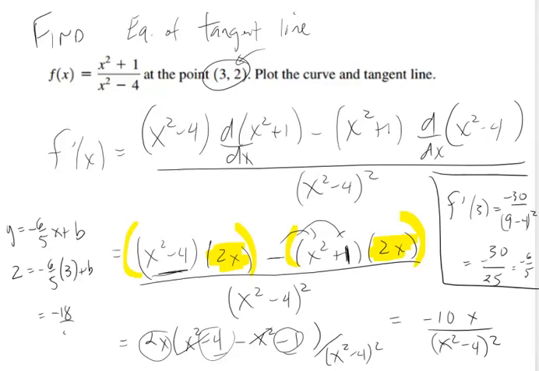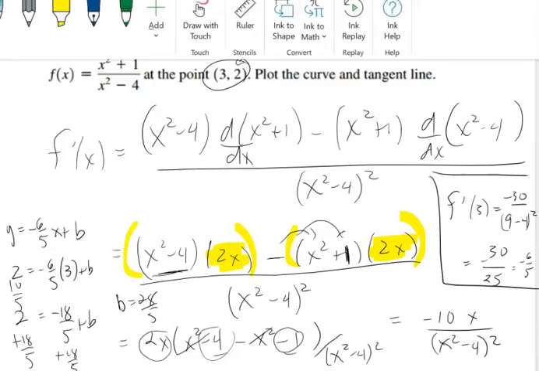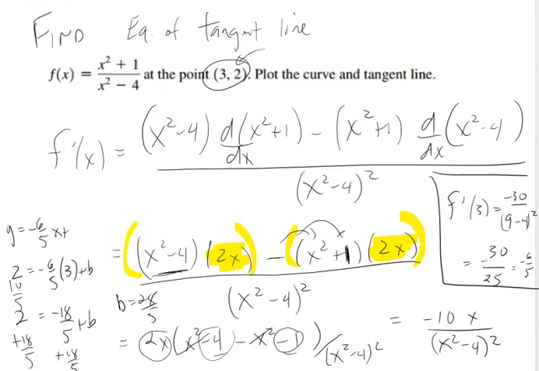Negative 18 fifths plus b is equal to 2, and then I add 18 fifths to 10 fifths, and I get 28 fifths. b equals 28 fifths. All right, so that is my final answer, 28 fifths.